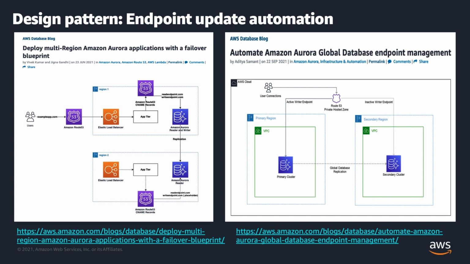In order to do that, it needs to be removed from the global database cluster, and the secondary region's cluster becomes what we call a standalone cluster in that process. As the secondary region's cluster becomes available, we get new reader and writer endpoints, and these endpoints need to be changed in the application configuration to point to the correct database. All of these tasks can be error prone and time consuming if done manually.